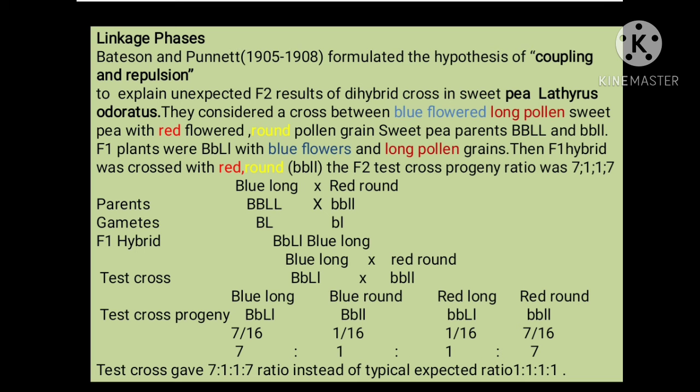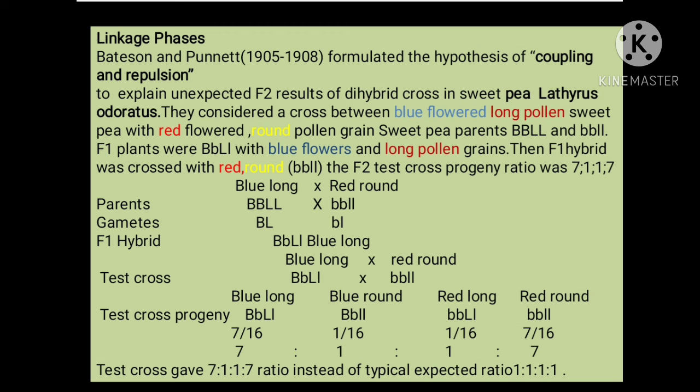They considered a cross between a blue flowered long pollen sweet pea and a red flowered round pollen sweet pea. Parents: capital B, capital L, and another parent having small b, small l.